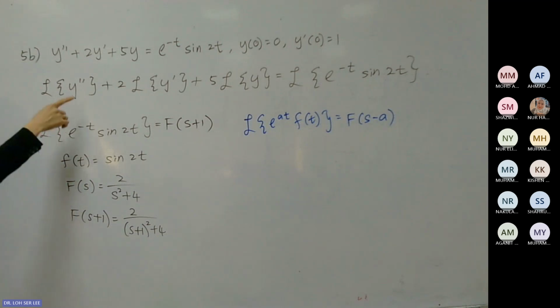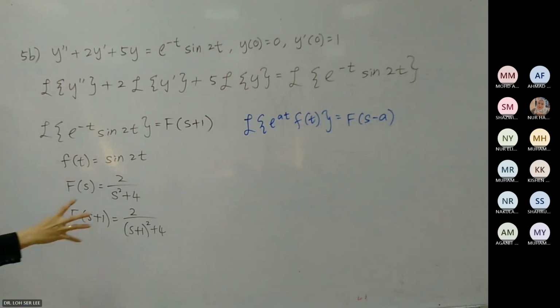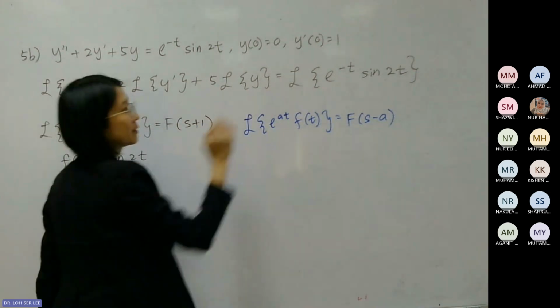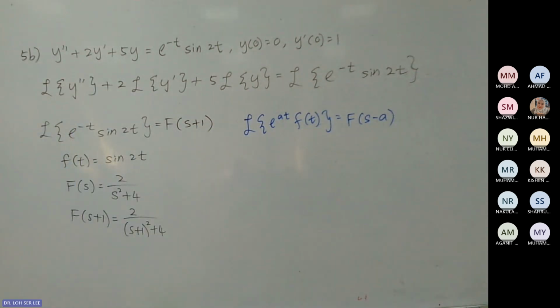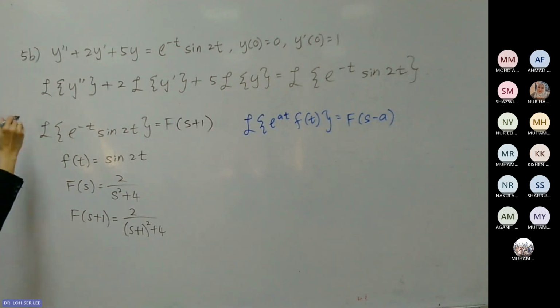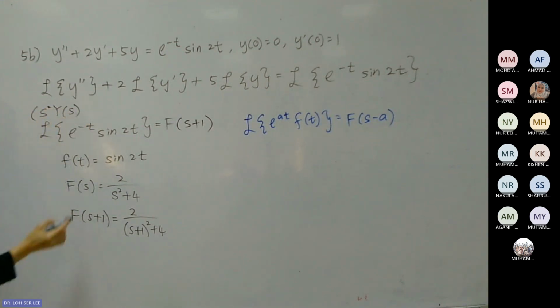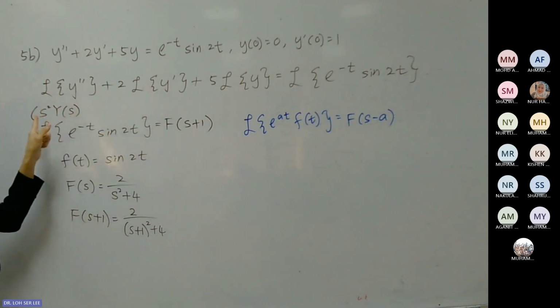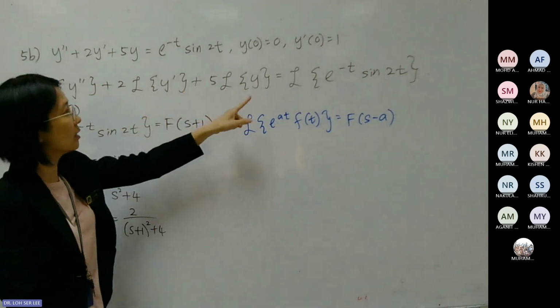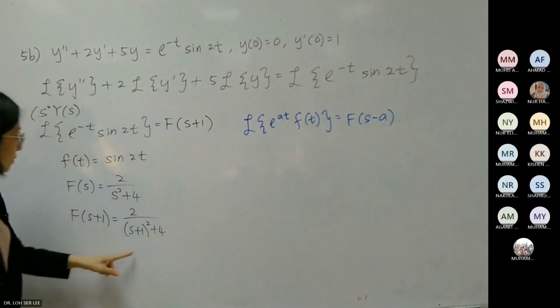Then we can continue back with this one and just put this one on the right side here. So you can start with s squared capital Y(s). Laplace transform every single term here, and on the right-hand side you write this.